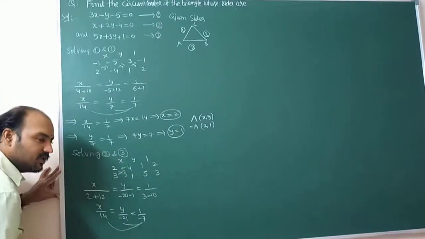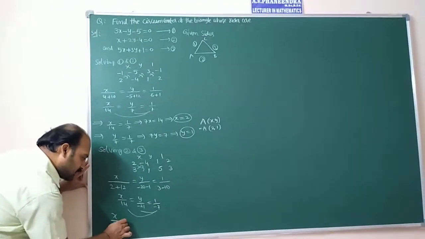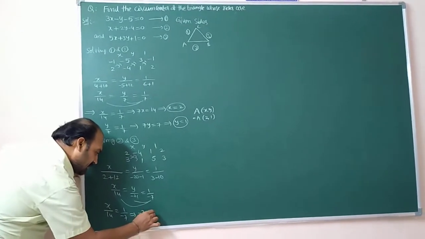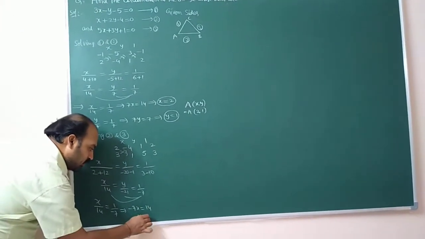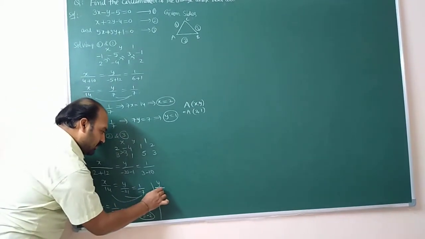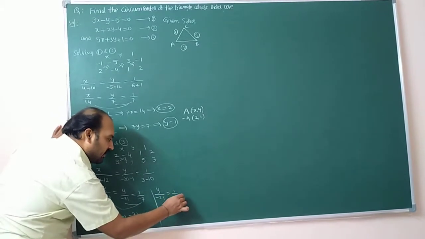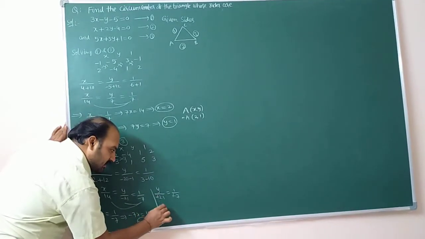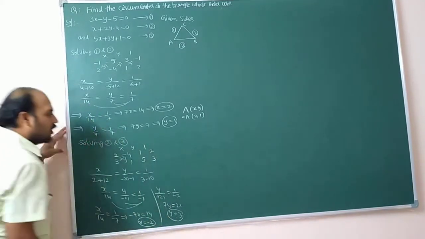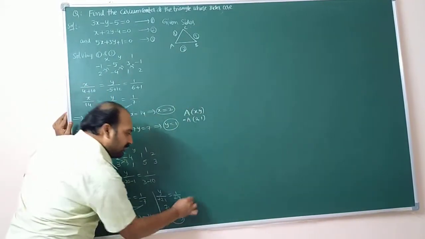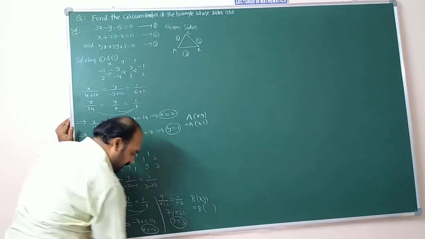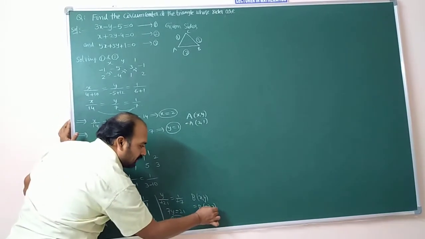Equating these two, x by 14 equal to 1 by minus 7, that implies minus 7x is equal to 14, x is equal to minus 2. Next, y by minus 21 equal to 1 by minus 7, minus minus get cancelled, 7y is equal to 21, y is equal to 3. So solving 2 and 3, which point are we getting here? B. Therefore B of x comma y is equal to B of minus 2 comma 3.